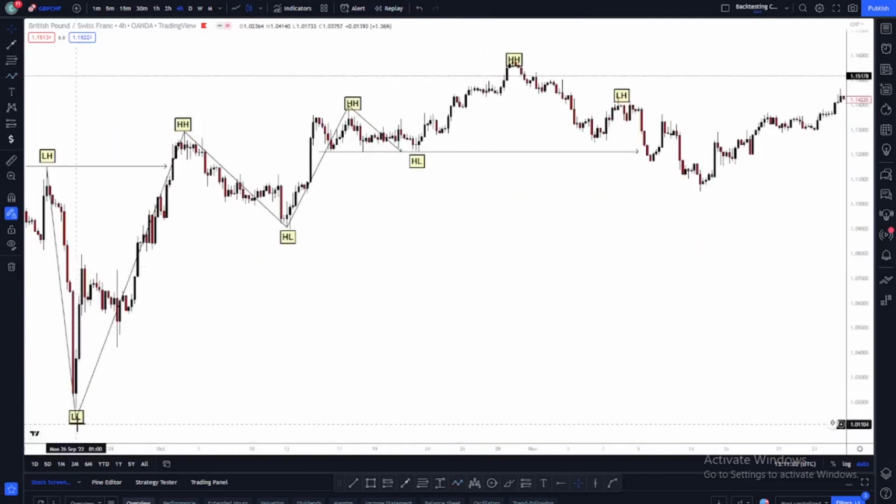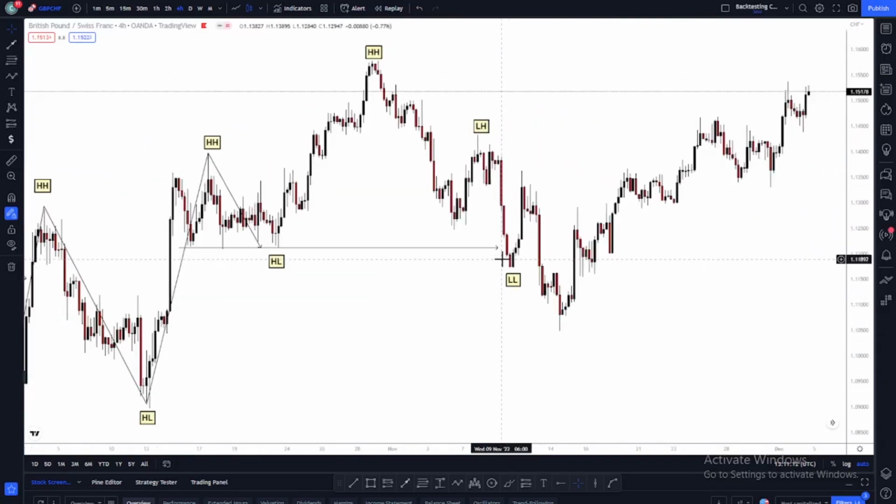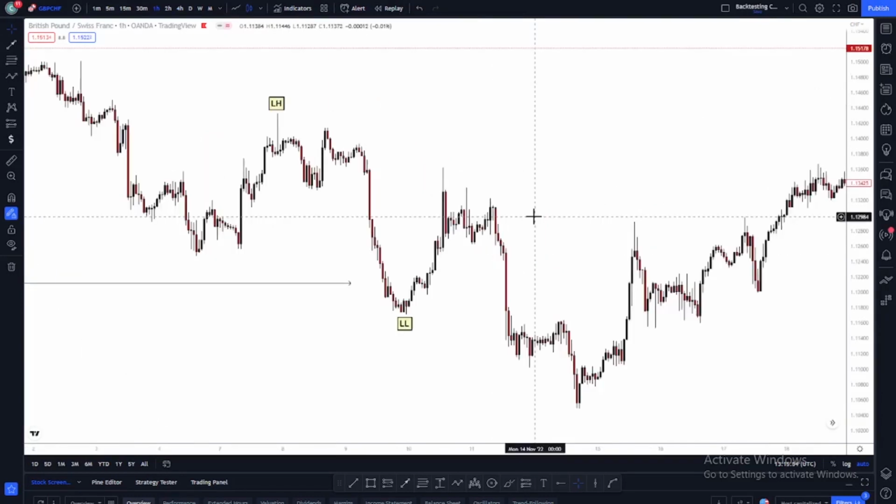So after price created this lower low, what did I do next? I go on my H1 time frame, my lower time frame. After I come to my lower time frame, what do I do next?